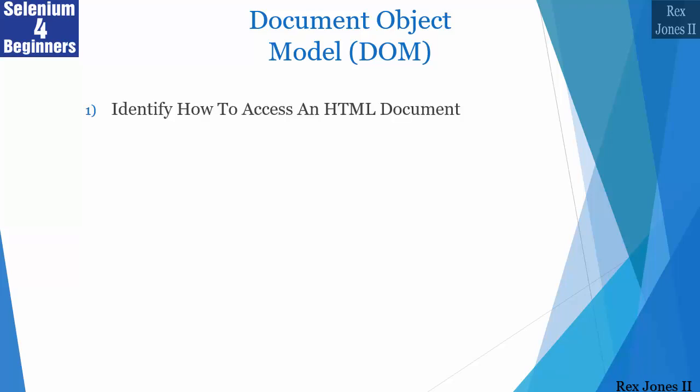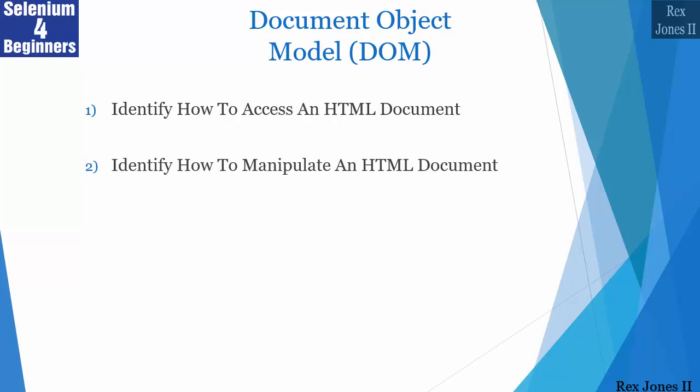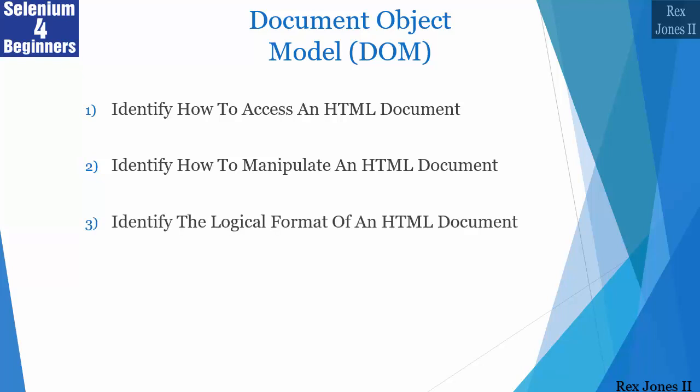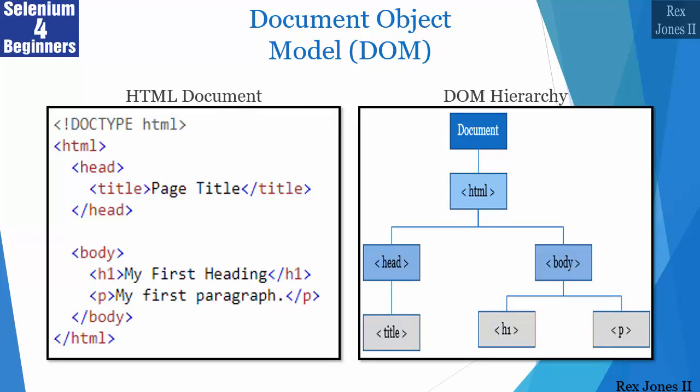Number one, it identifies how to access an HTML document. Number two, it identifies how to manipulate an HTML document. Number three, it identifies the logical format of an HTML document. Here's the tree structure of a DOM using the HTML from W3Schools.